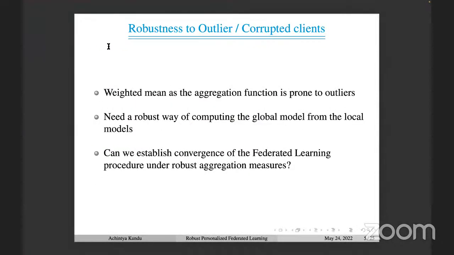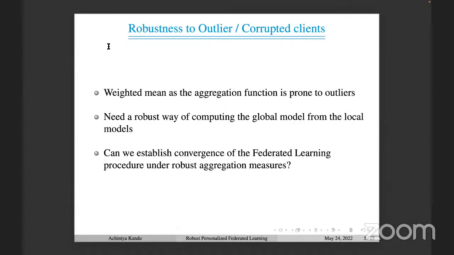As I mentioned, the server updates the model by taking an average of the client models. If some of the clients are acting as adversaries, then it will definitely fail because the mean aggregation function is very prone to outliers. A second option where it can fail is when we have a variety of data sets.